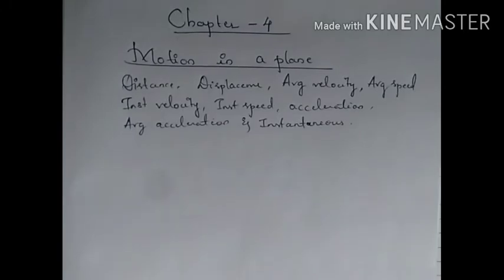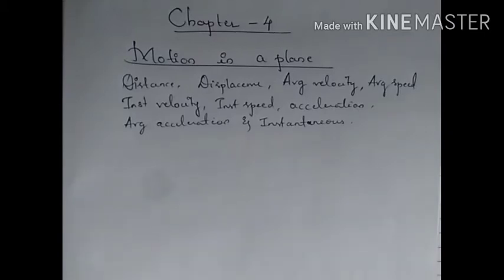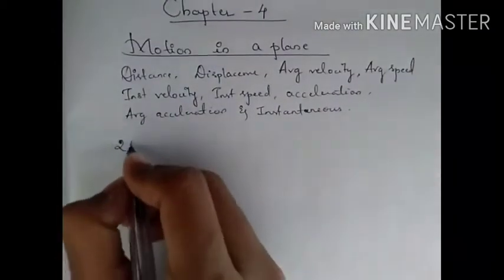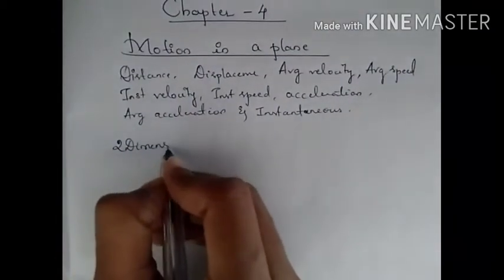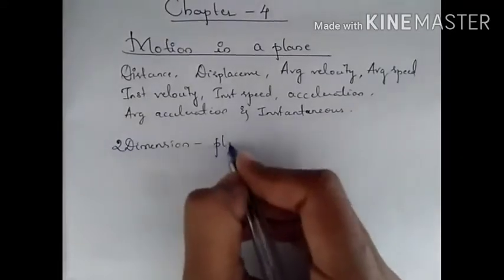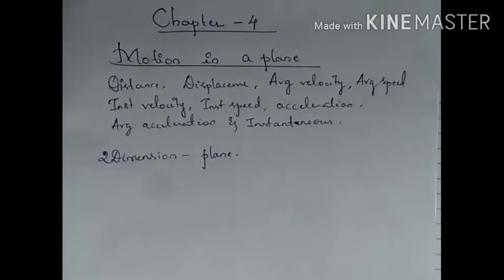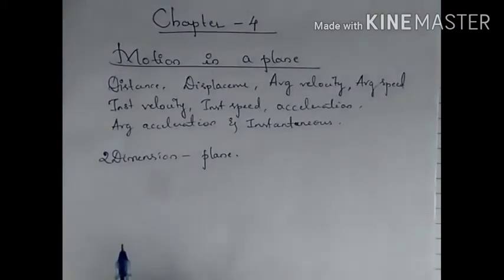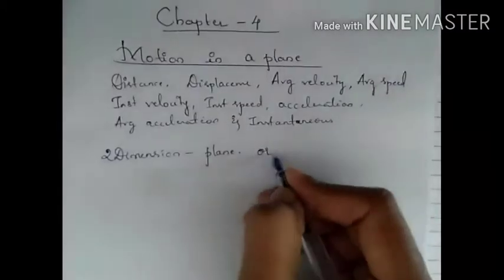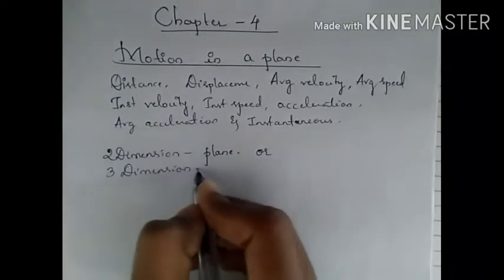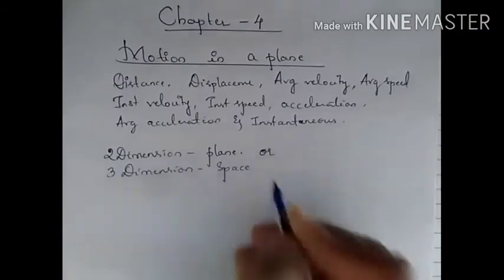But in this chapter, let us try to describe the motion of an object in two dimensions, that is, a plane. So in this chapter, we are going to learn the motion of a particle in two dimensions or three dimensions, that is space.